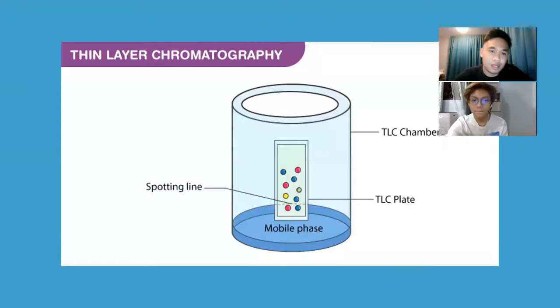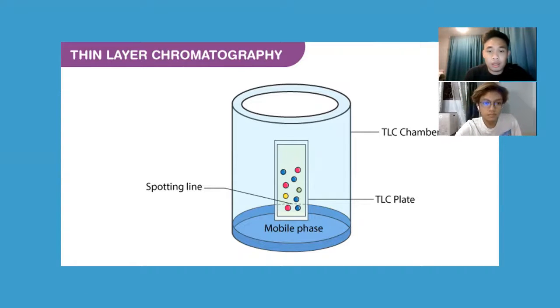So this is what thin layer chromatography looks like. We have the TLC chamber, we have the TLC plate, which is the stationary phase, and the mobile phase, the solvent. Okay, the spotting line, we usually use a pencil to draw it, and then we put the standard and the mixture above it.